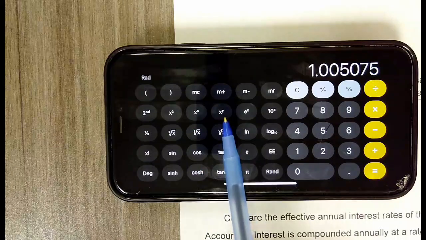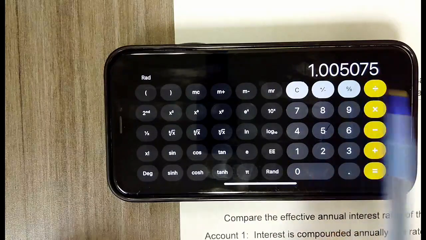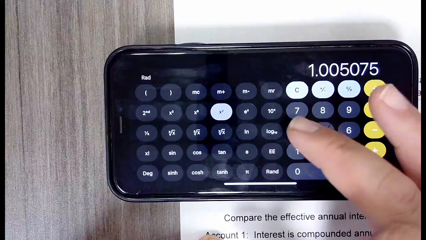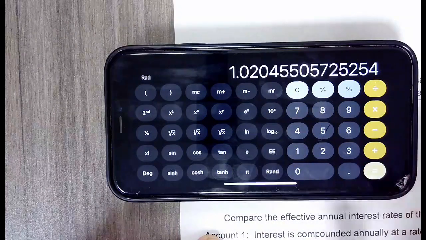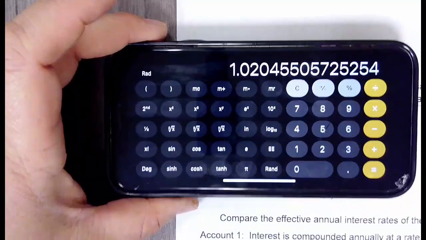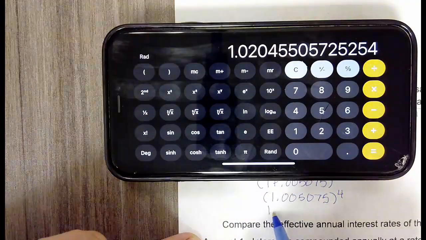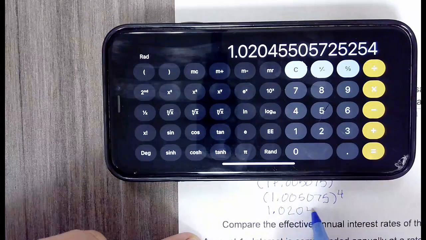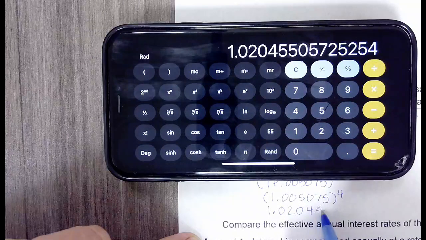So I'm going to do this x to the power of y. I already have my base in here, so I'm going to press to the power of y. And the exponent y is going to be 4, equals 1.0204. There's a lot of numbers there. I'm just going to put 55.